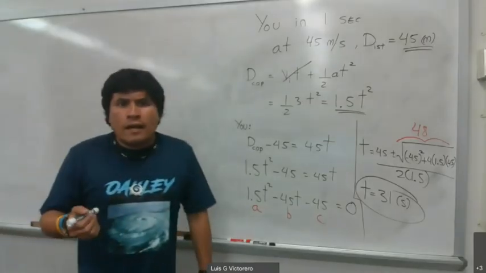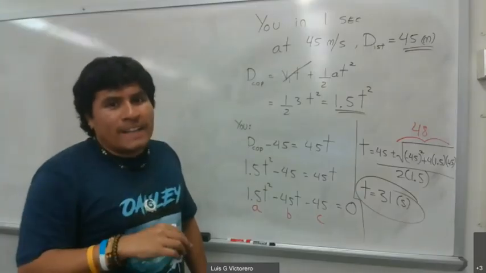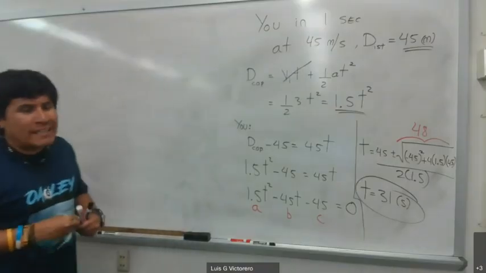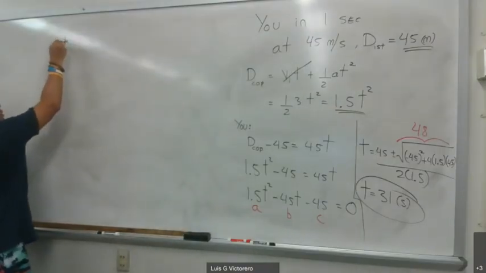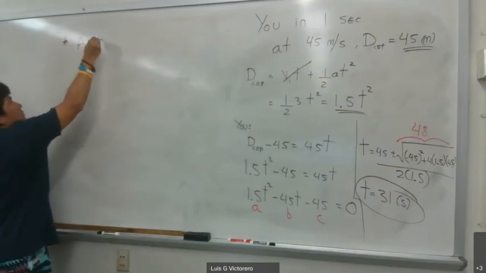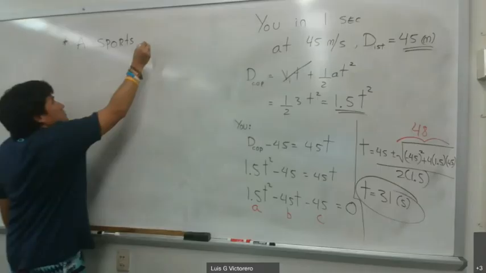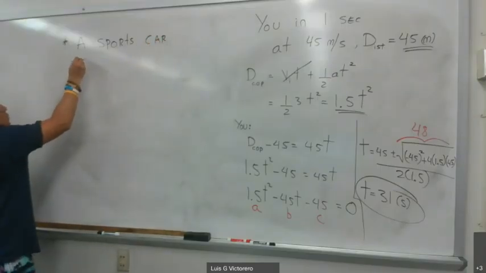They give you that a sports car accelerates from rest to 50 meters per second in 8 seconds. So a sports car starts from rest.